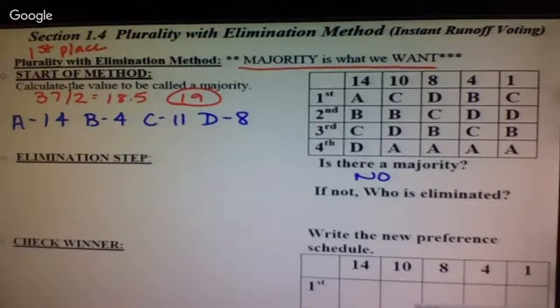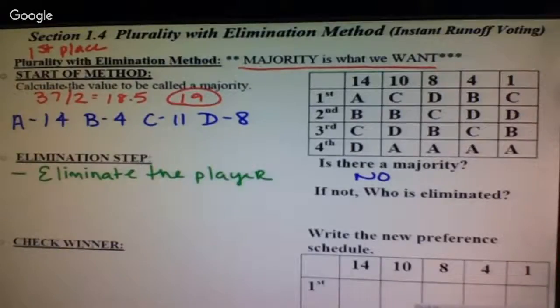Okay. So we need to eliminate somebody to get them gone to move the votes to somebody else. So we're going to do what we call the elimination step. We eliminate the player with the least votes.